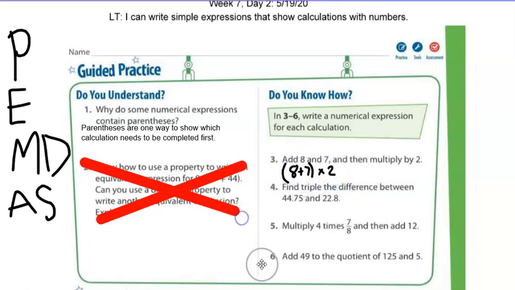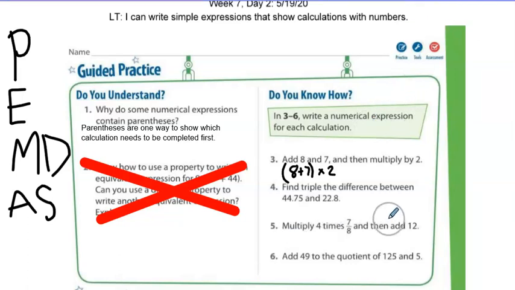All right. So then the next one that we're going to look at is number 4. It says find triple the difference between 44 and 75 hundredths and 22 and 8 hundredths. And also on these, we're not necessarily solving them. We are just writing the expression.